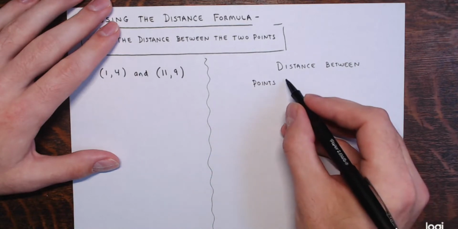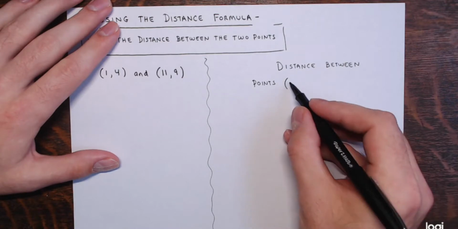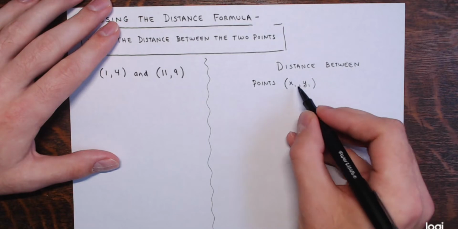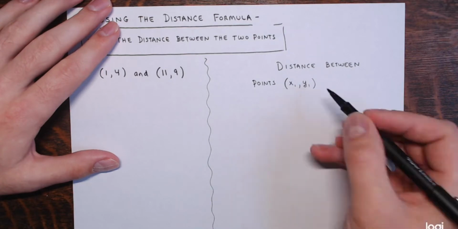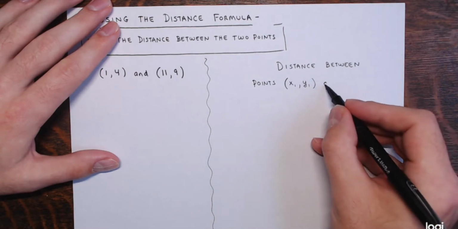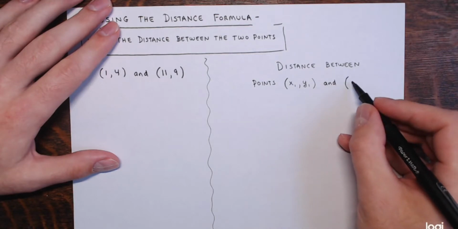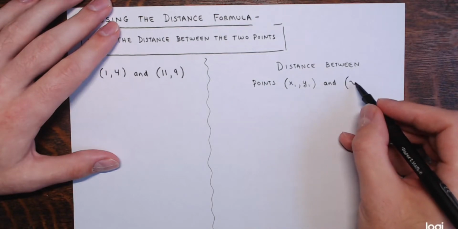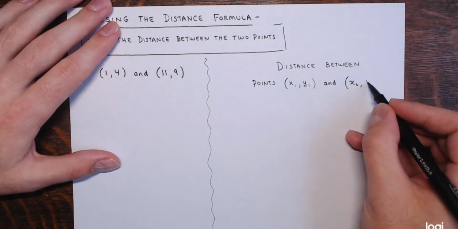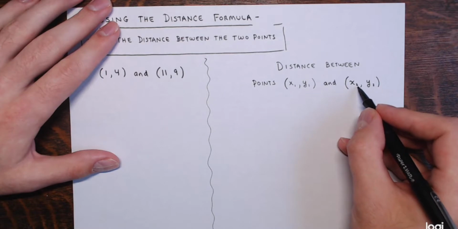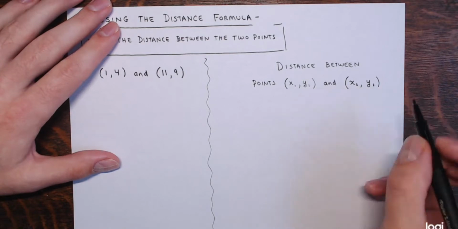And say these points have coordinates x1, y1, for the first point's x coordinate and y coordinate. And say the other point has coordinates x2, y2, for the x coordinate of the second point and the y coordinate of the second point.